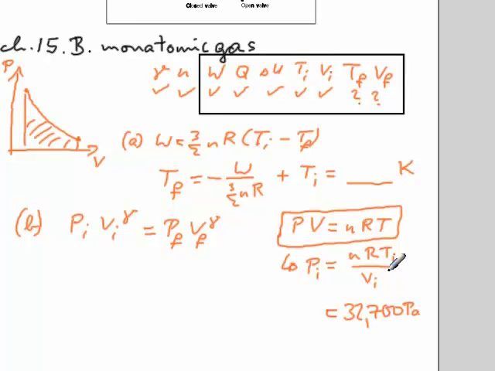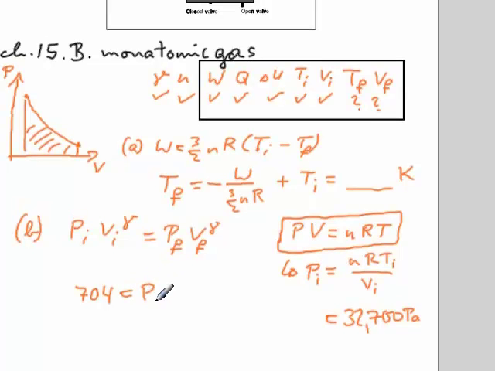That's the adiabatic index, and I come up with, on the left hand side, 703.60, 704 rounded, equals Pf times Vf to the gamma.